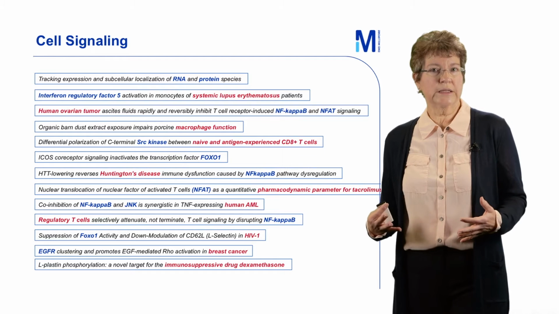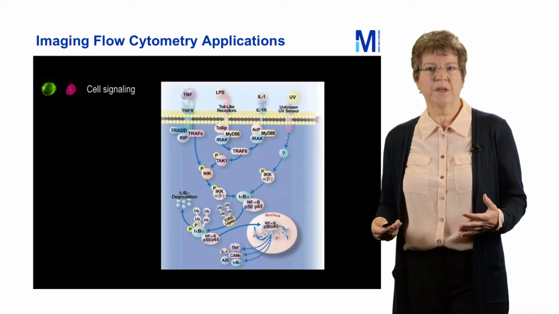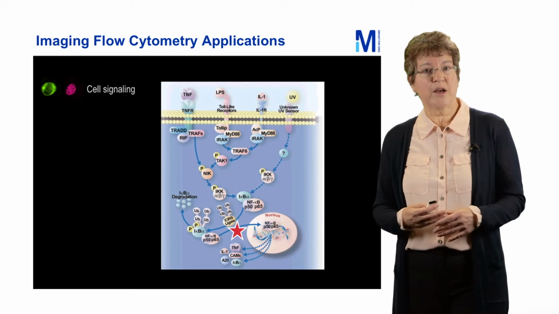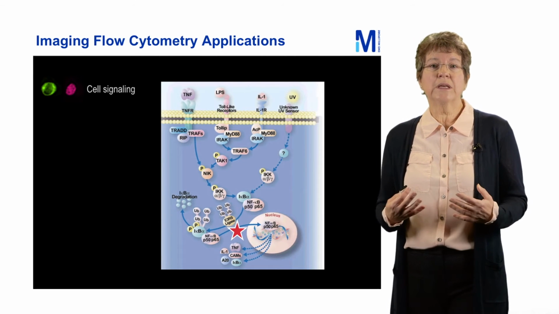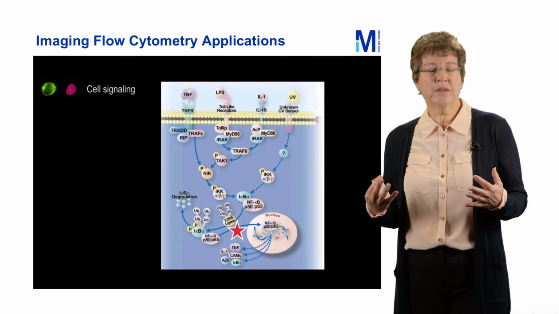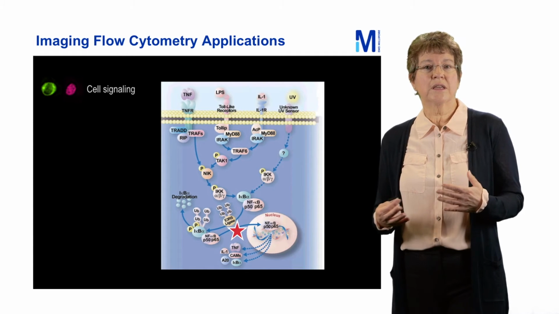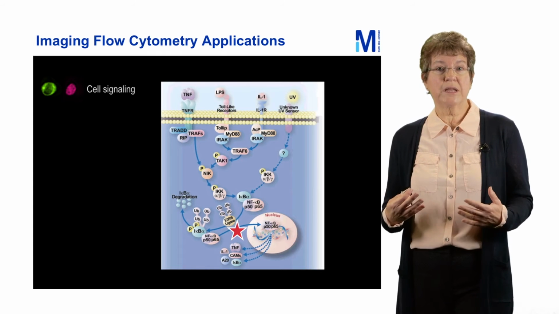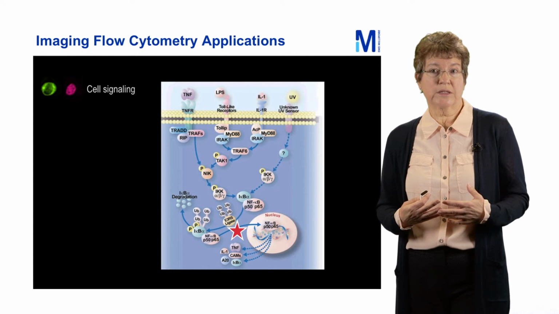biochemical cell signaling applications. As an example today, what I want to talk about is looking at NFkB. So NFkB is one of the proteins that is activated from many different cellular activation processes.